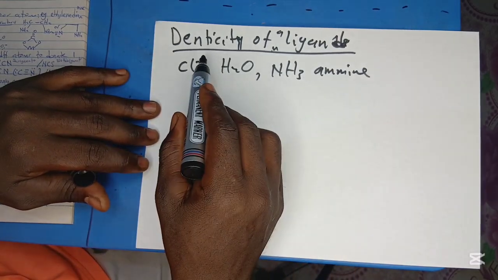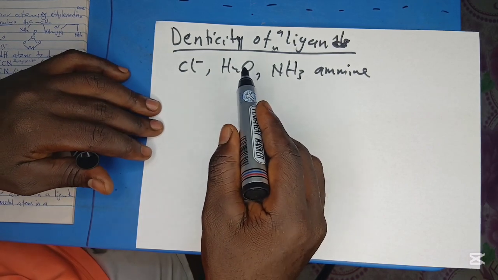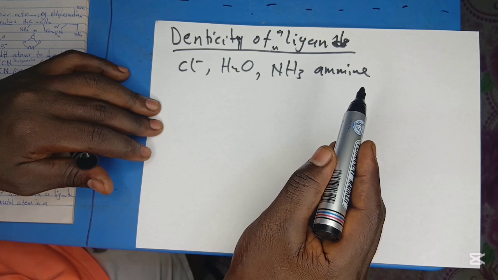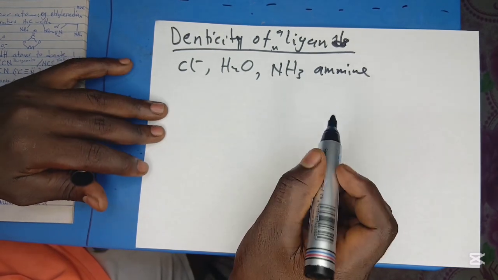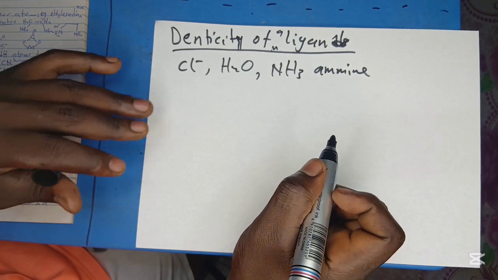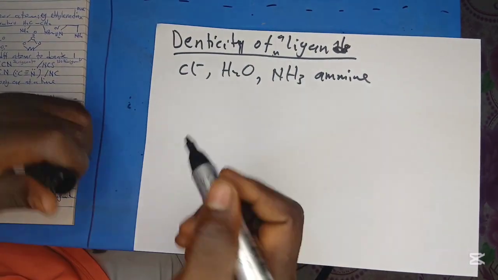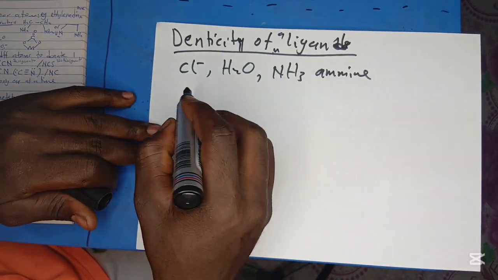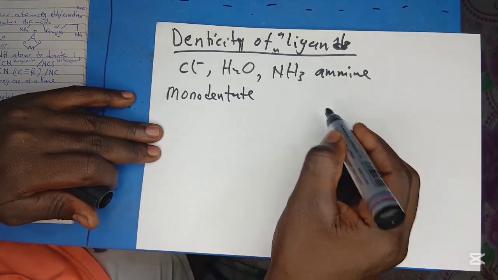So the denticity of a ligand is the number of donor atoms in a ligand that can bond to the central metal atom directly in the coordination complex. So what does this mean? When we talk about denticity, we can talk about monodentate ligands.